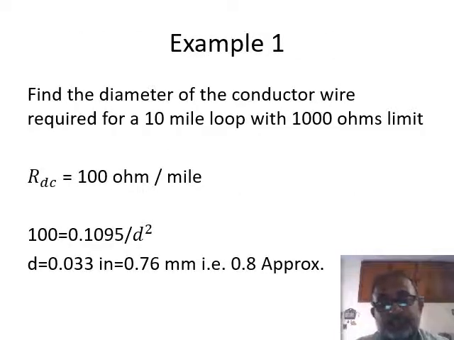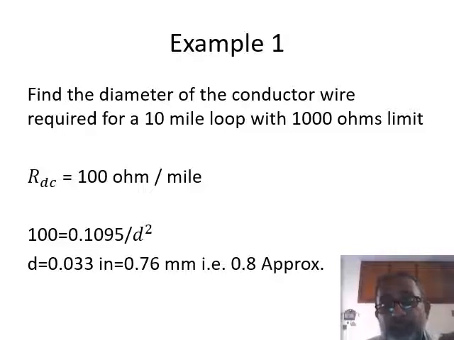For example, we have to find the diameter of the conductor wire for a 10 miles loop with a 1000 ohms limit. If this is the condition, then how can we find out the diameter of the conductor wire?